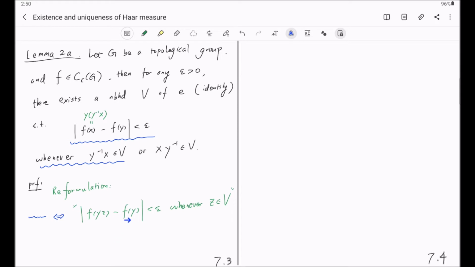And as I just told you, it suffices to prove this, because the other case, by symmetry, can be proved similarly. So now let's see how to prove this.